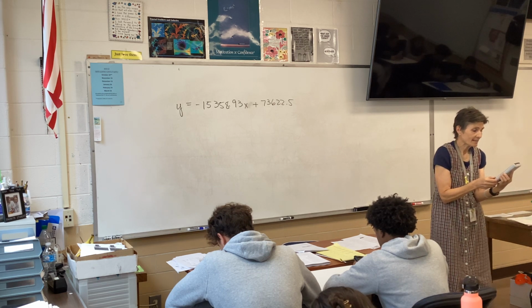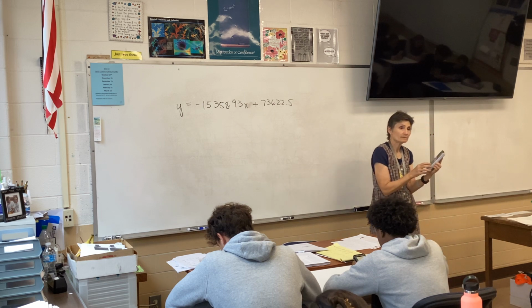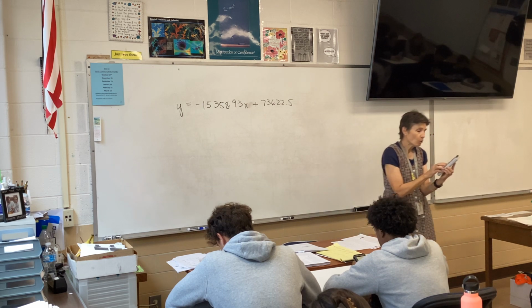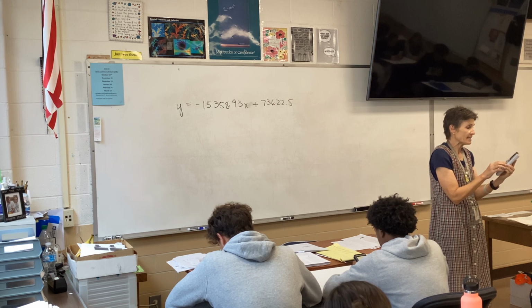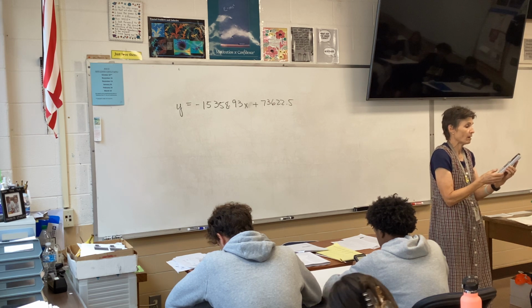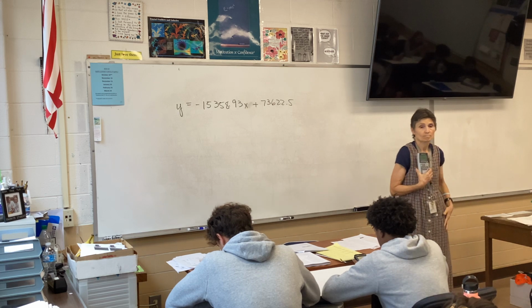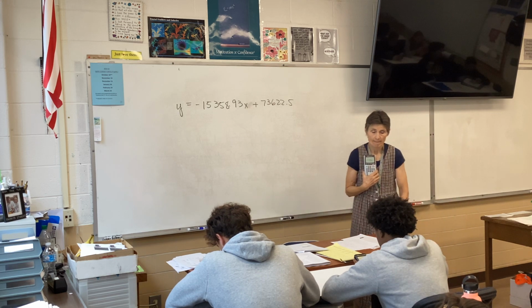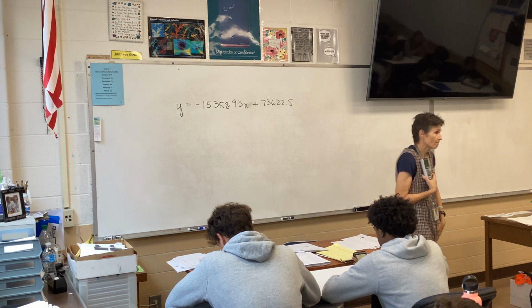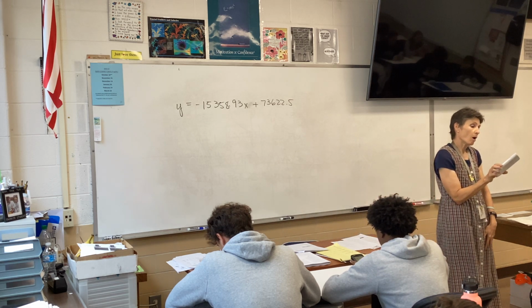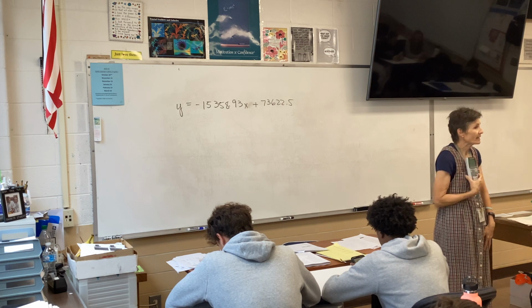So you want the diagnostics turned on. And now go back and do your linear regression and see if it gives you an R value now. Did anybody get an R value now? Yes. So R is negative 0.98.